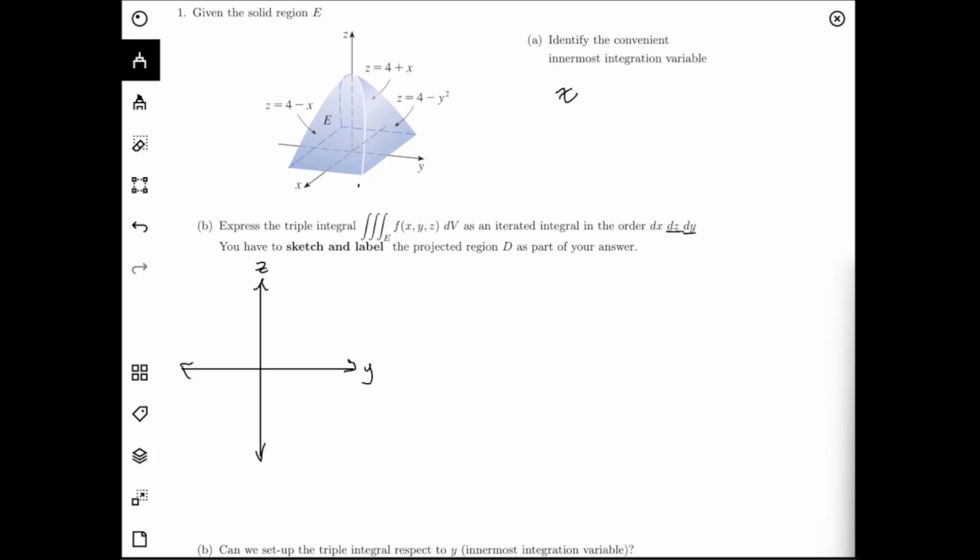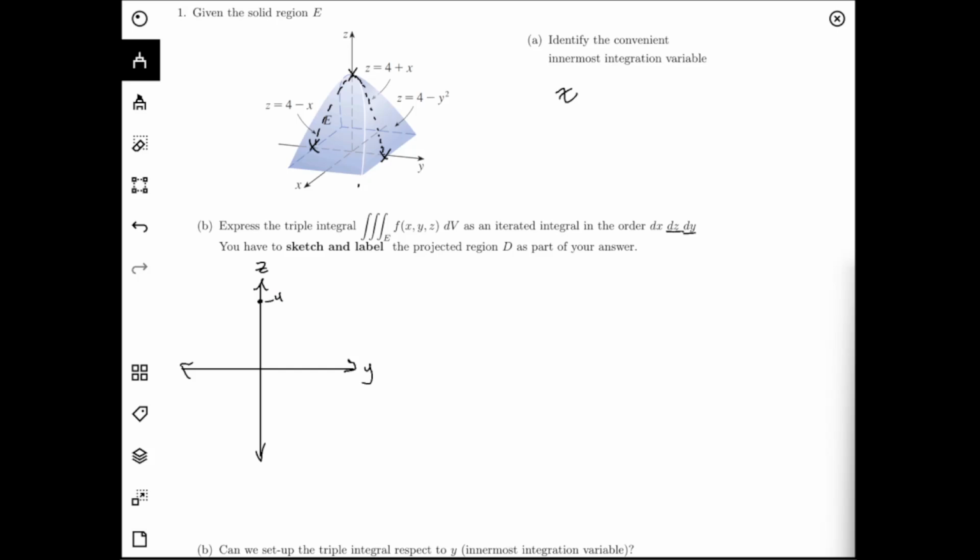It should just look like a parabola, right? Okay, but where are the intersections? We're looking at sort of this cutout right here. Where are the intersections? What's this? What's this? What's this? So let's start. This parabola surface is given by this equation. So we can solve for where y is equal to 0, which gives us z equals 4.